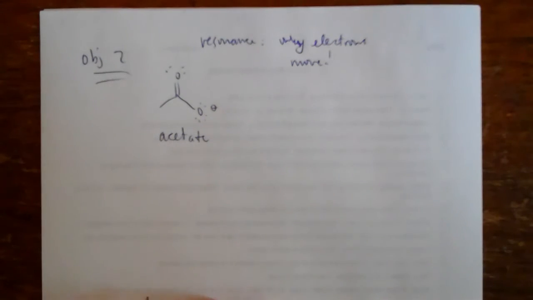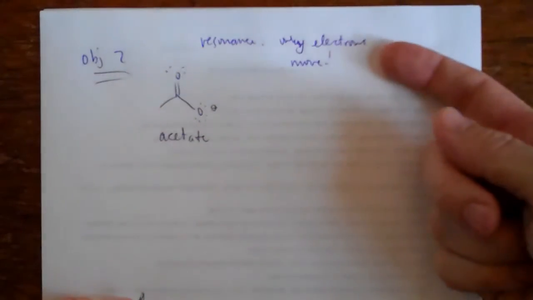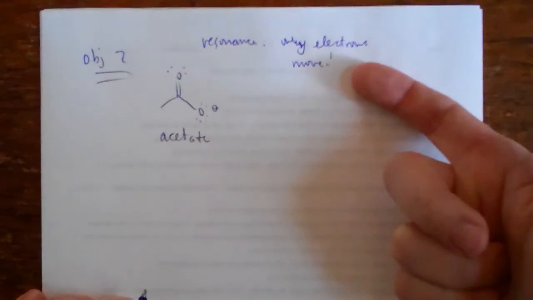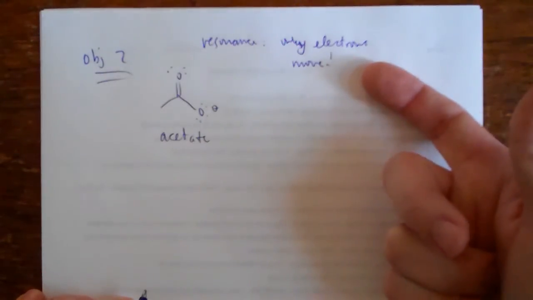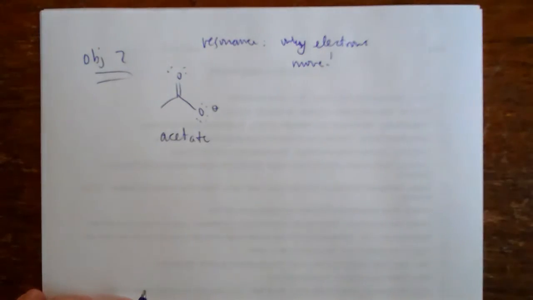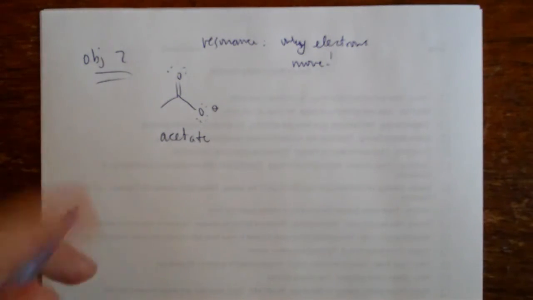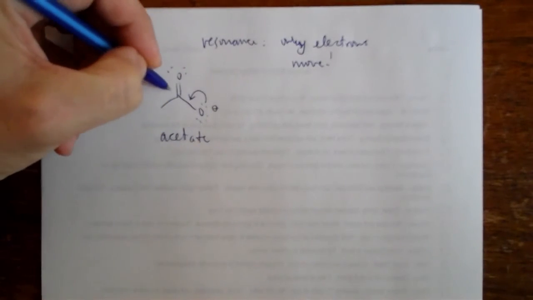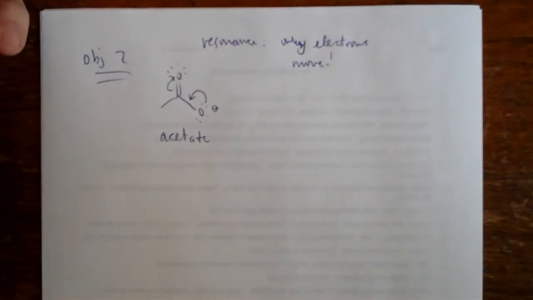You may want to think of a good multiple choice question for a quiz or exam where I would test on that. What is something that looks like resonance but more than electrons are moving? So the way that we draw resonance here is these have to go up there.